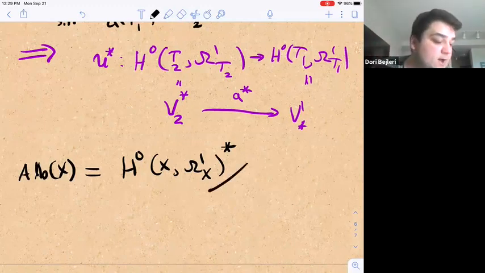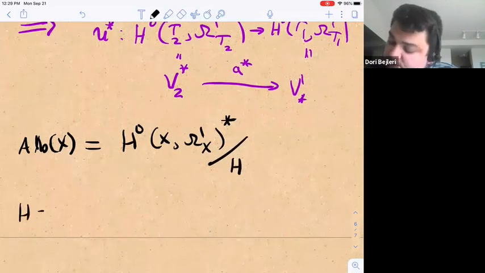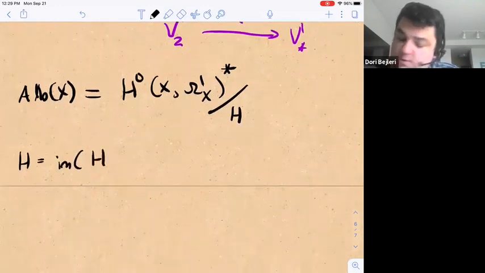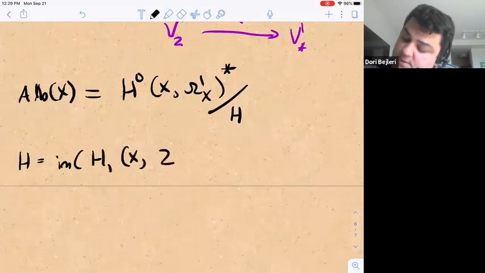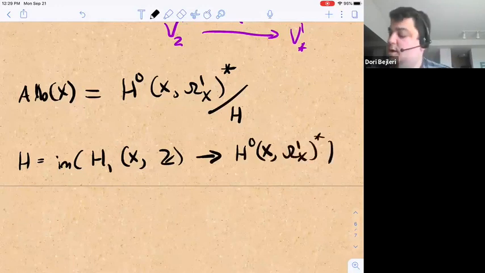And we mod out by the lattice H, where H is the image of a natural map from H1 lower 1 X Z into H0 X omega 1 dual. And what's this map?